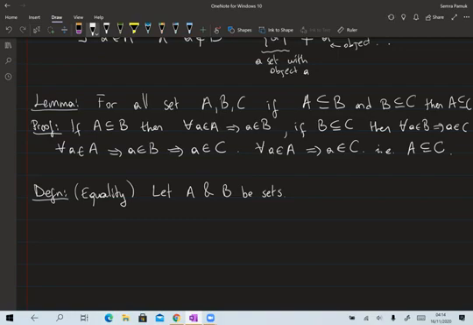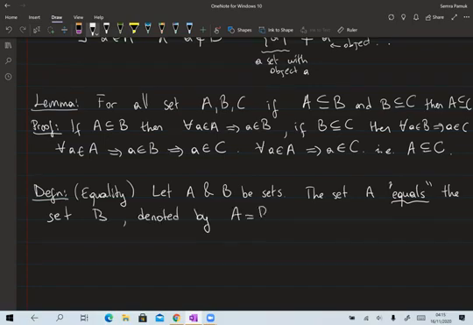We say that the set A equals the set B, denoted by A = B, if every element of A is an element of B and every element of B is an element of A. In other words, if A is a subset of B and B is a subset of A. Okay, so this is important.